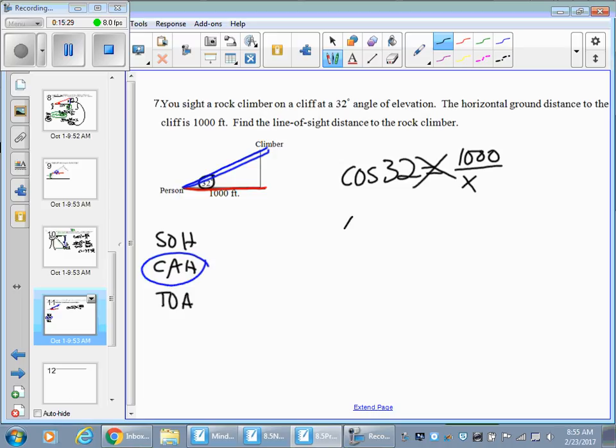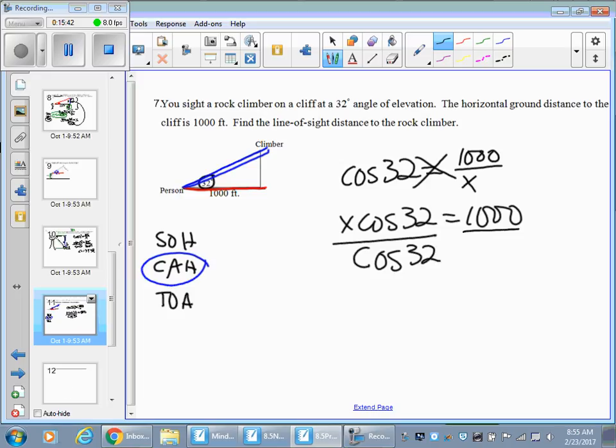We get x times the cosine of 32 equals 1,000. And then we divide by the cosine of 32. And x equals, type it in, 1179.2 feet.